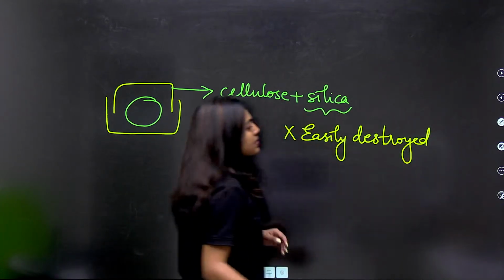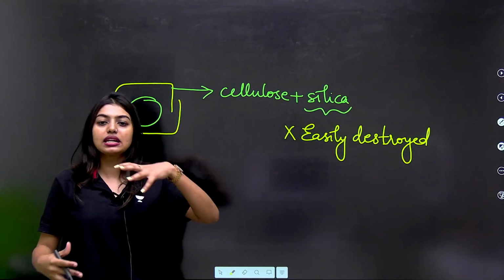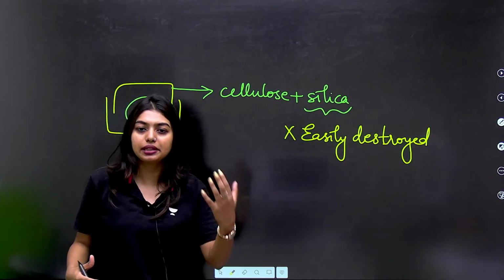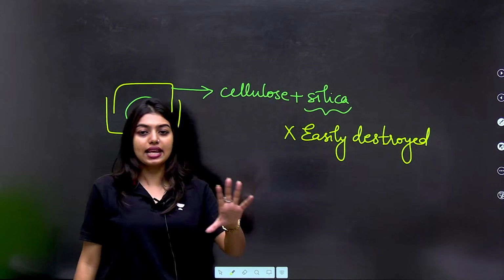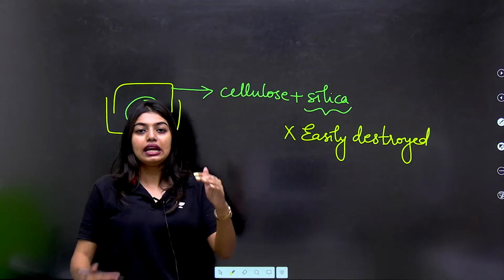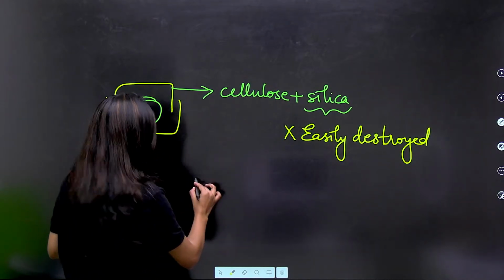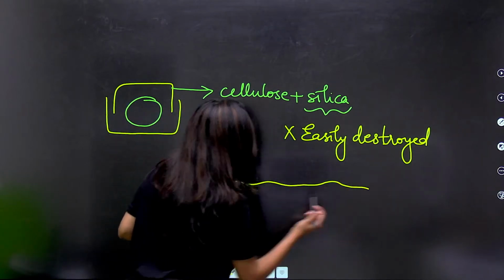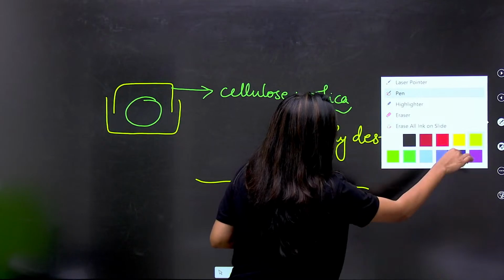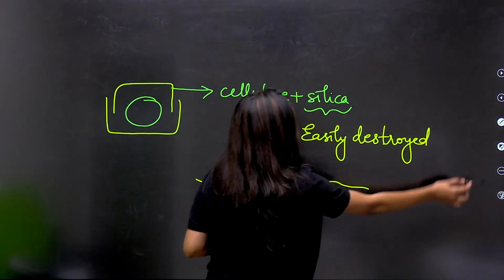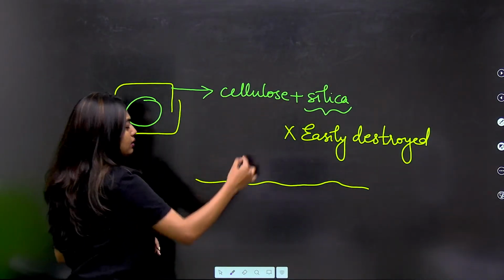Once these diatoms die, all the cell walls will go and settle on the seabed. Think of this.